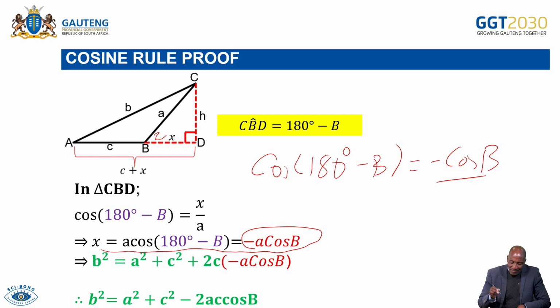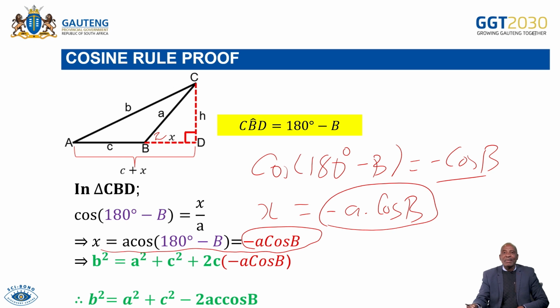This will then be multiplied by our a. Therefore, our x will become negative a times cos of B. Multiplying those two, we are going to replace our x and get this equation. So it means B squared equals a squared plus c squared minus twice the product of a and c cos of B.